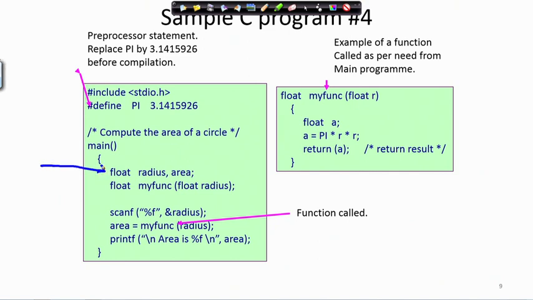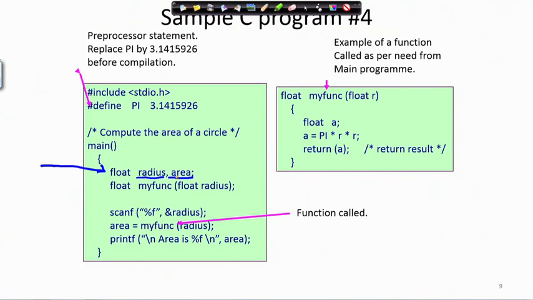This is a type declaration for two variables, radius and area. And what sort of type declaration is that? It is float. That means radius and area are two variables which will hold real numbers or floating point numbers.